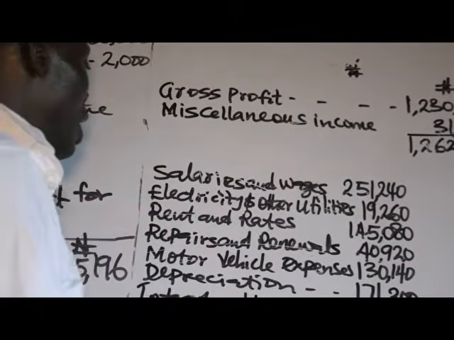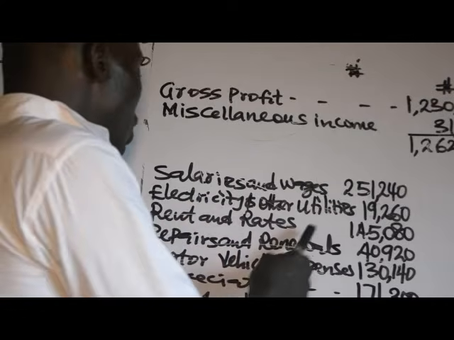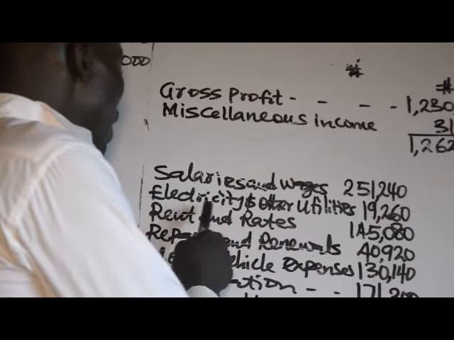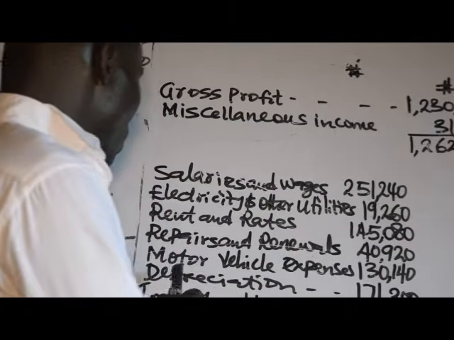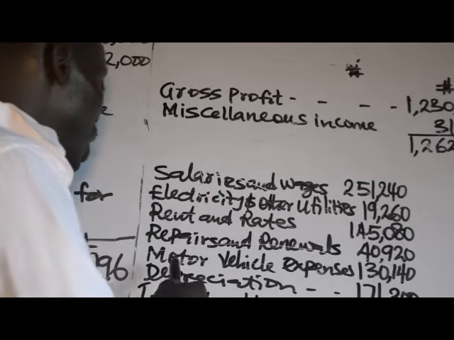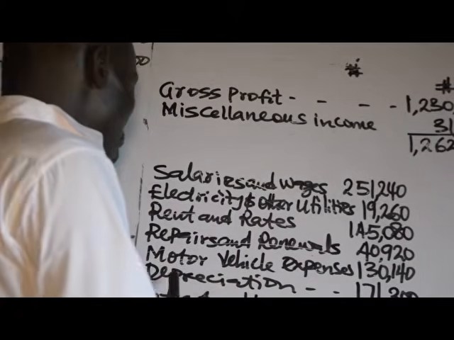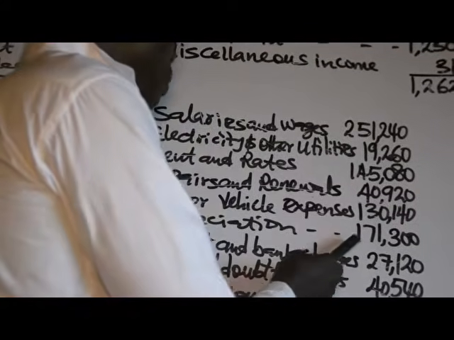Salaries and wages is allowable. Electricity and other utilities is allowable. Rent and rates is allowable. Repairs and renewals is allowable. Motor vehicles expenses, all the items listed, they are revenue expenditure, they are allowable.